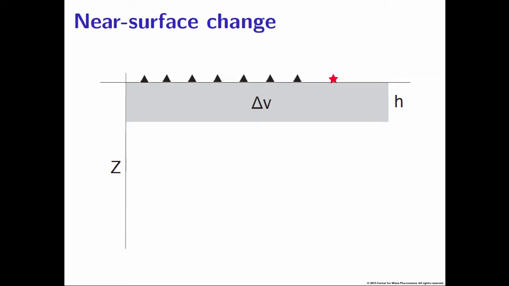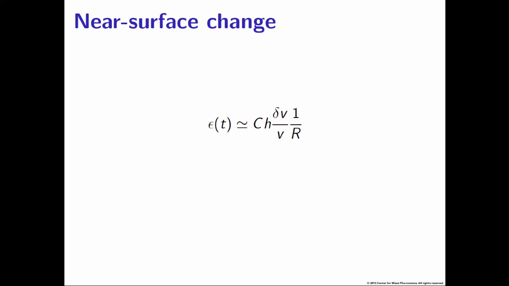Using this assumption, we can simplify the equation that relates the estimated velocity change to the localized velocity change to this simple relationship, which shows explicitly how the estimated velocity change depends on the source receiver distance, the big R. This relationship is connected by a series of coefficients, C, which is just an integral, a factor that depends on the geometry of the problem we're working with.